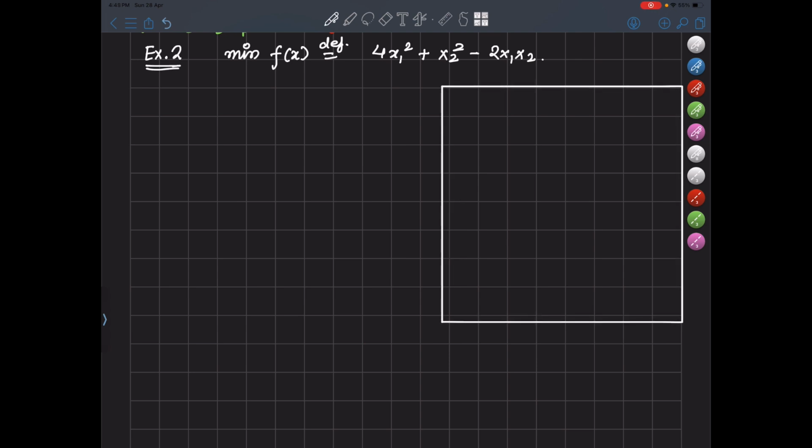So this is the contour map. Let's say this is the y-axis, this is the x-axis, and it turns out the contour map of this function will be something like this, elliptical. Let me try it properly. It will be elliptical like this.